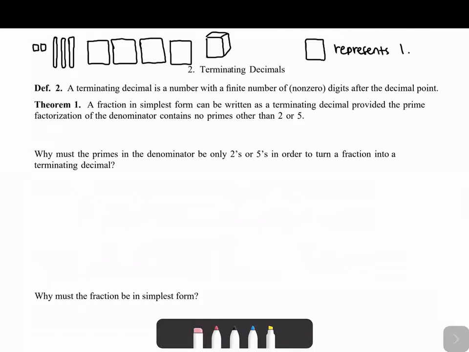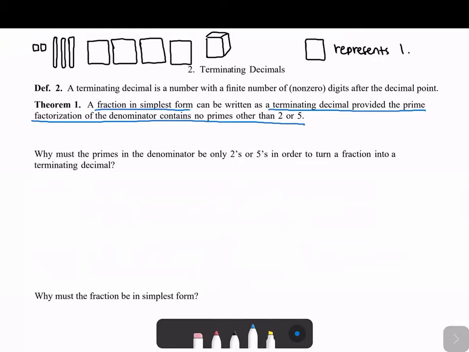And we have this nice little theorem that tells us when a fraction will result in a terminating or non-terminating decimal. It says that when a fraction is in simplest form, it can be written as a terminating decimal provided that the prime factorization of the denominator contains no primes other than 2 or 5.